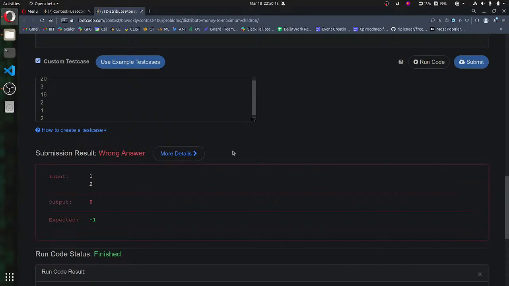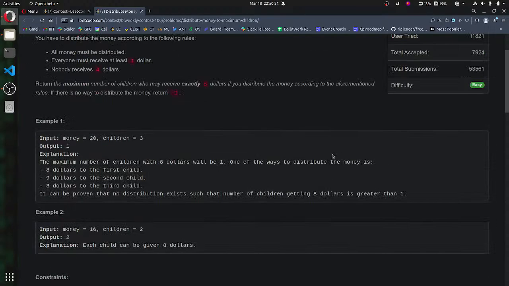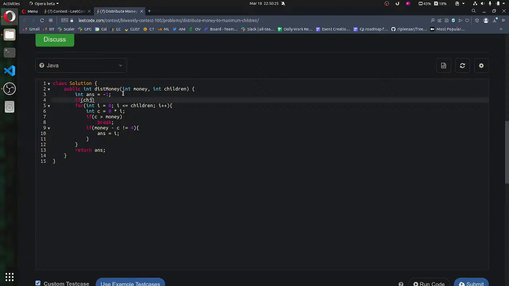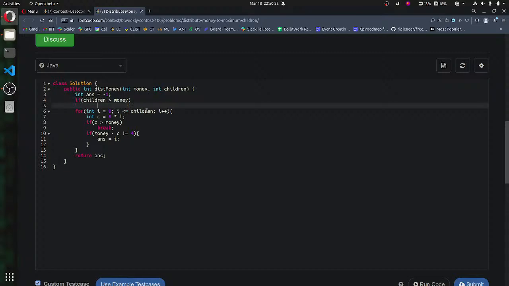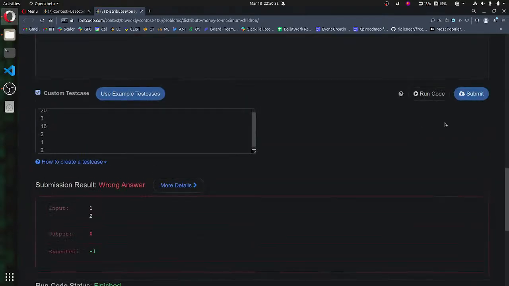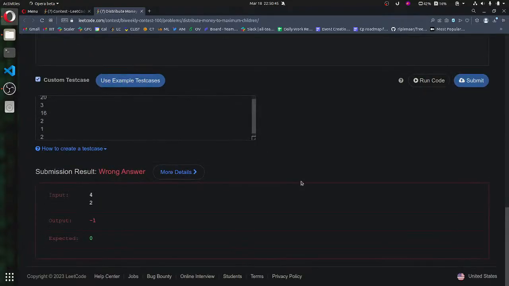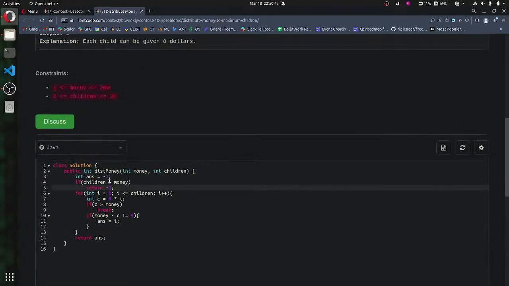Okay, so if children is greater than money, we can return -1. 1 to -1 again. 2 and 4, 2 and 2. Okay, output is -1.